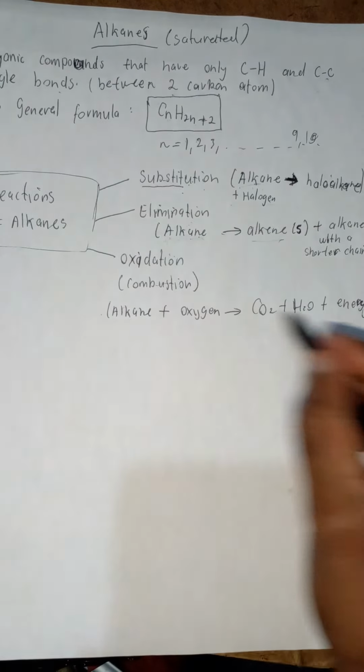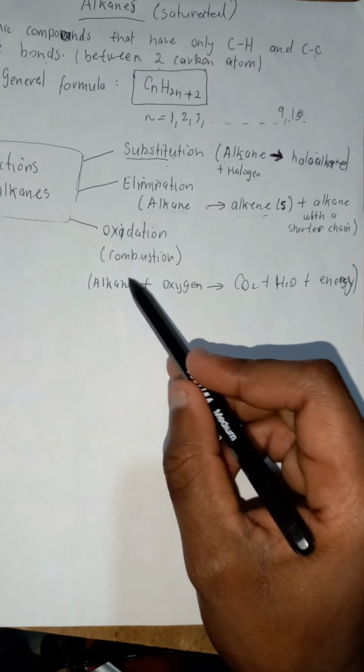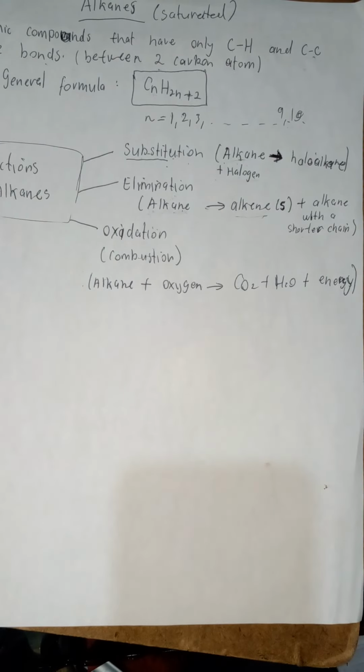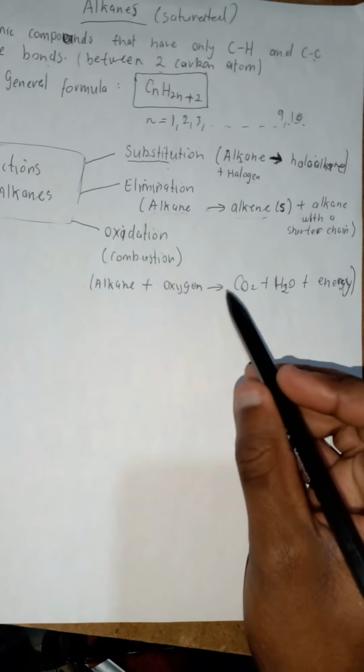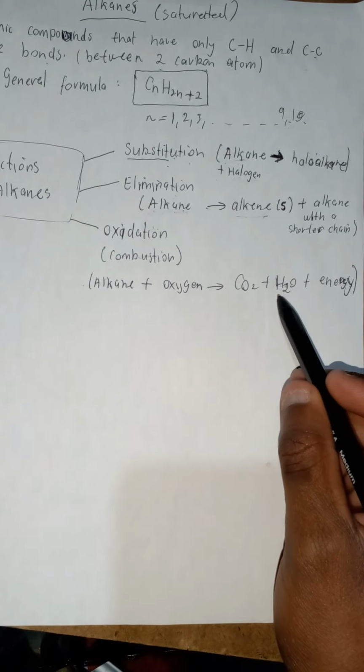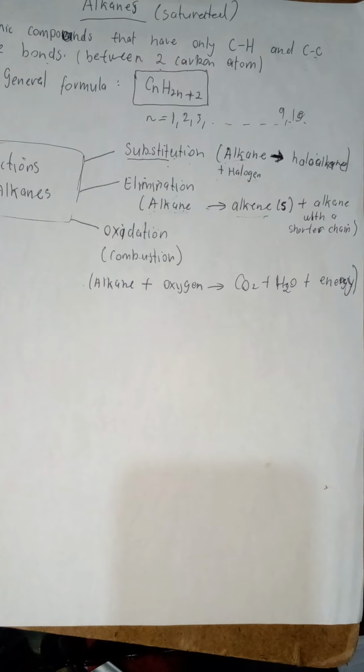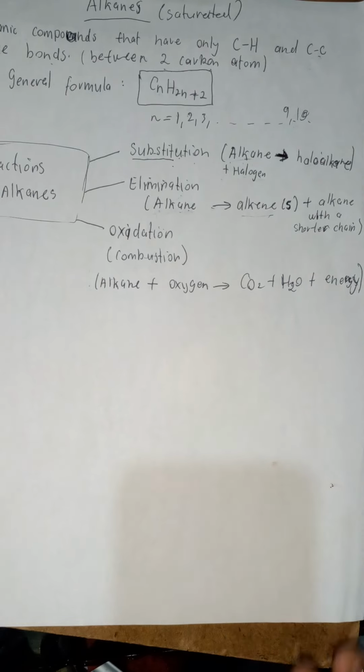So this reaction is called oxidation, or rather a combustion reaction, whereby your alkane reacts with oxygen to form carbon dioxide, water, and the energy that is being released in the atmosphere.